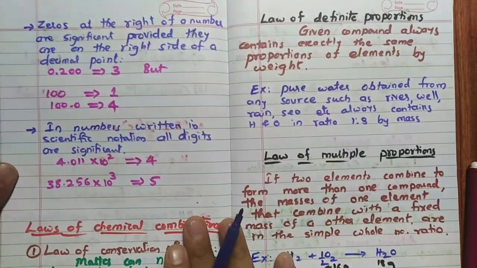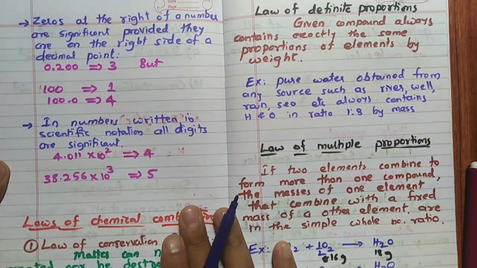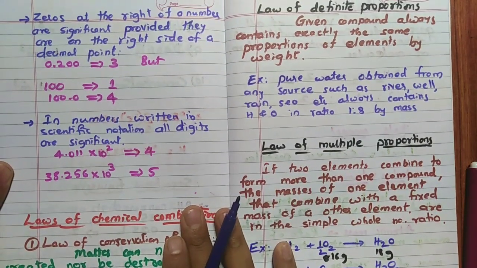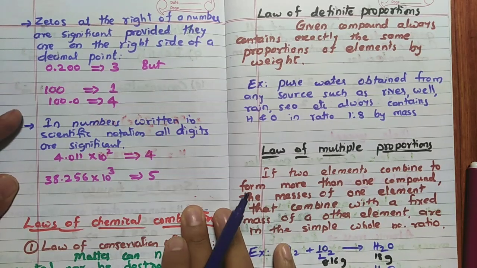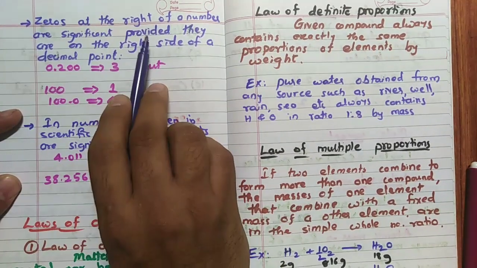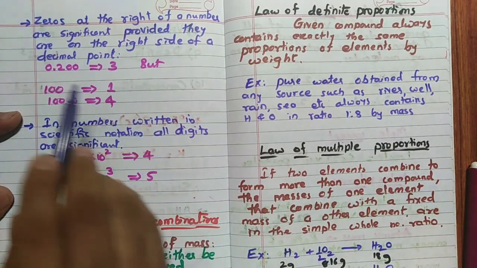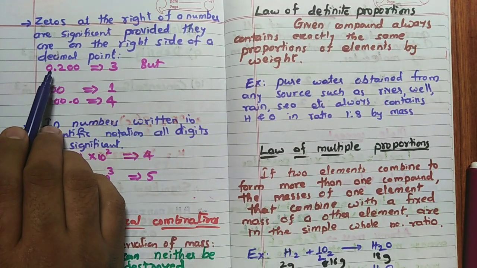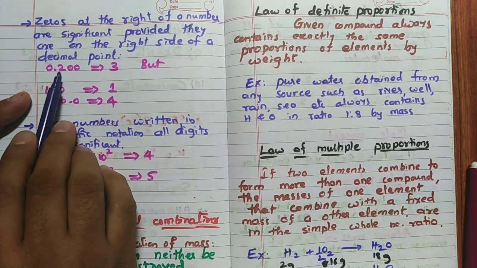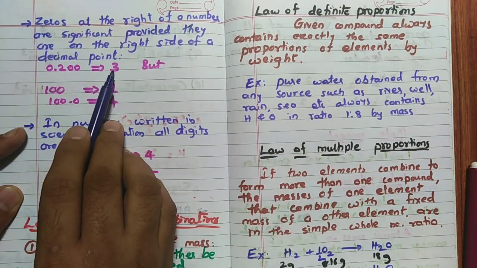Then zeros at the right side of the number, very important, zeros at the right side of the number are significant provided they are on the right side of a decimal point. See, left side of the decimal point insignificant, but right side if it is present, 200.3 is significant.